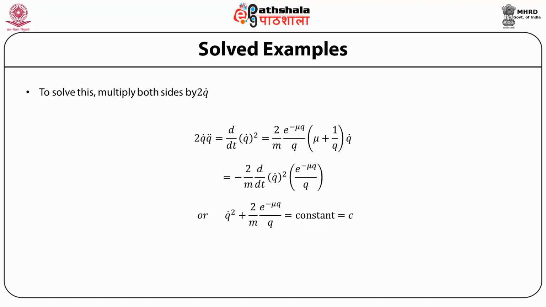On the right hand side, we have 2 by m exponential minus mu q by q into mu plus 1 by q, times q dot, which can also be written as 2 by m, a time derivative d/dt of, e to the power minus mu q by q. So we have now this equation which can be easily integrated. So we get q dot square is equal to minus 2 by m exponential minus mu q by q plus a constant.